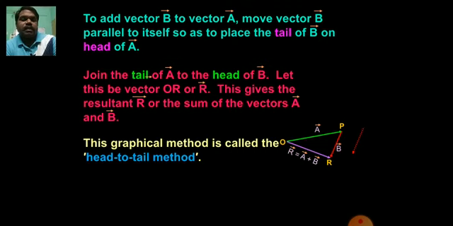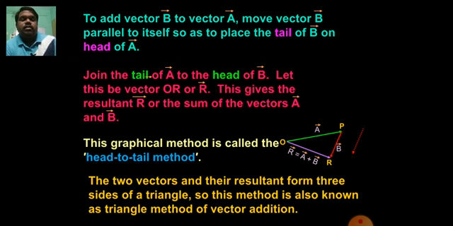This graphical method is called the head to tail method. The two vectors and their resultant form three sides of a triangle, so this method is also known as triangle method of vector addition.